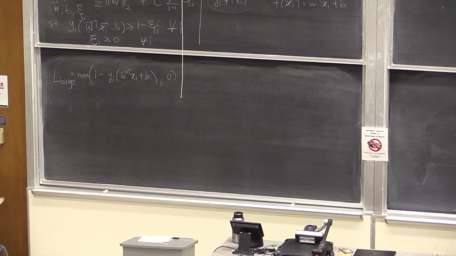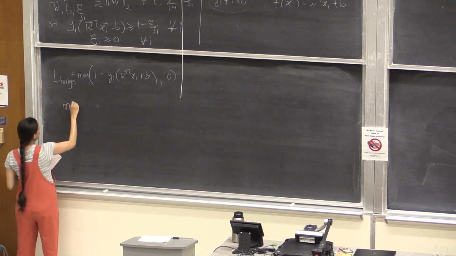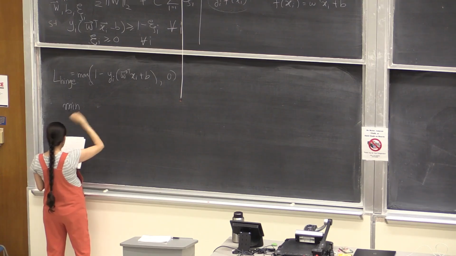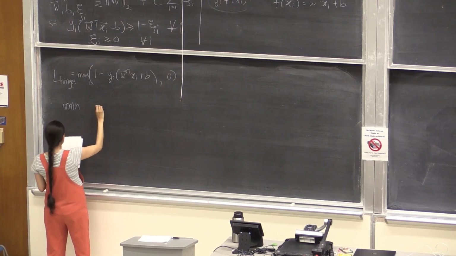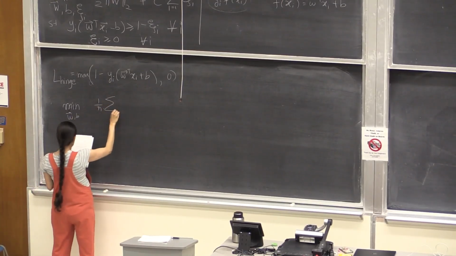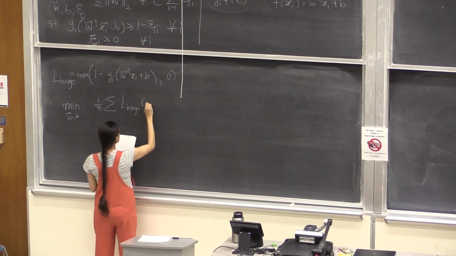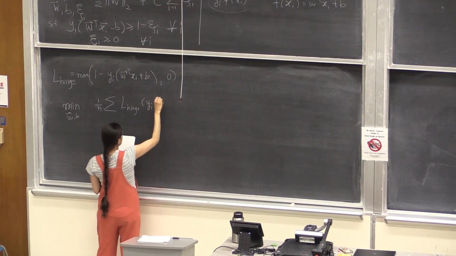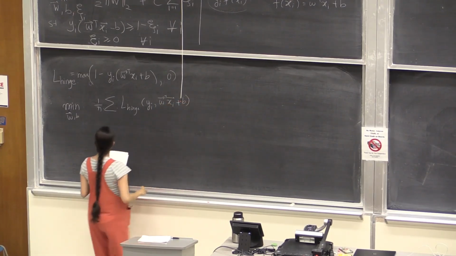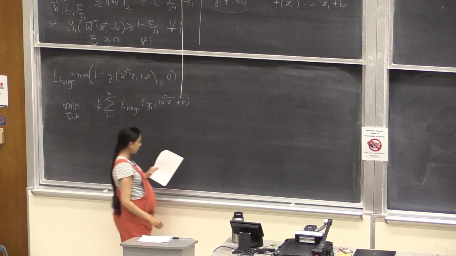So now I can think about formulating my problem as minimizing this hinge loss over my points. I'll write this as minimize over W and B, 1 over n of the sum of hinge losses.